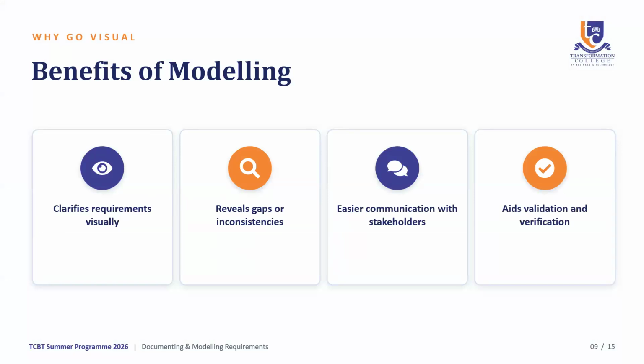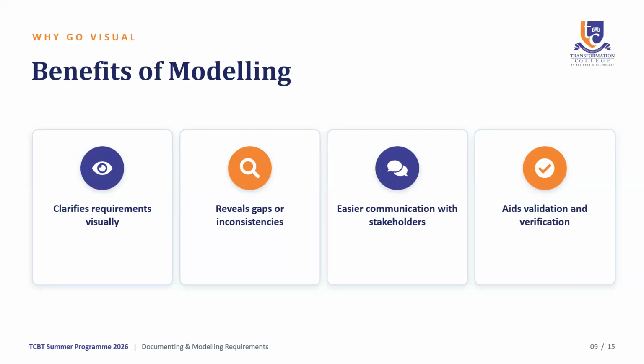That is one of the essences of modeling: using diagrams, pictorial illustrations or representations or flows to explain a process beyond just verbal or textual documentation. So it helps to clarify the requirement in a visual format.